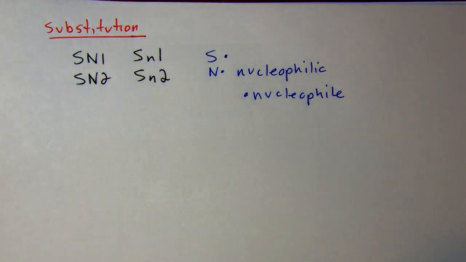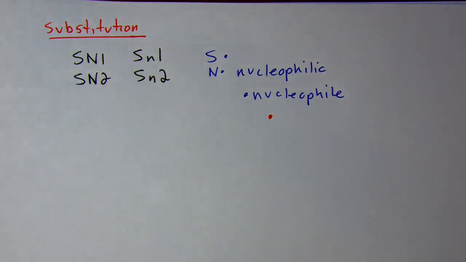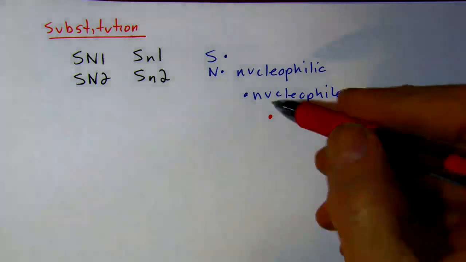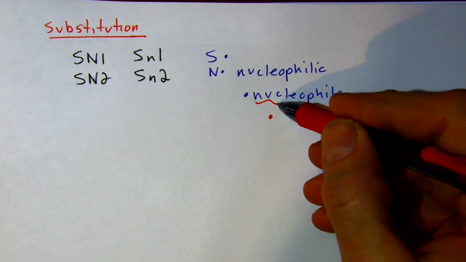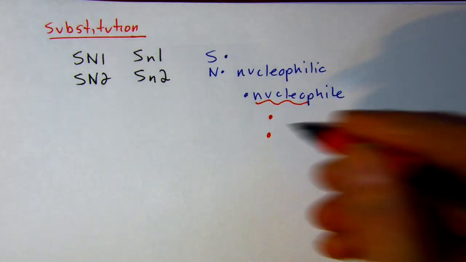And here's the concept that we are going to need to know, that a nucleophile is a positive region, or a positive species, if you will. And generally it's a carbon cation. We'll talk more about that later. But a nucleophile is something that's looking for something positive. Now, the nucleo part means positive, and then the phile part means to like.